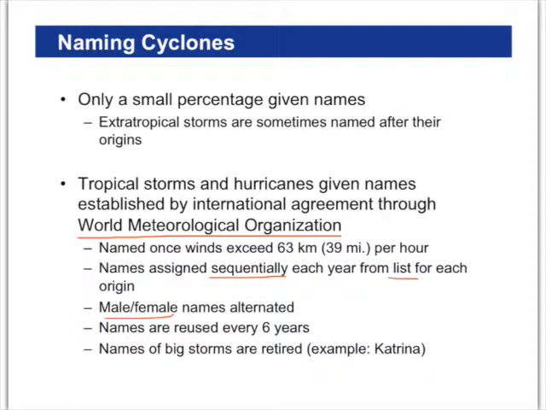And you would think after a while you run out of names, and that's certainly the case. And so every 6 years they do recycle names. But if there's a really powerful storm or a really historically significant one, they retire it. For example, you're never going to have a Hurricane Katrina again, or at least not named Katrina again. So that's how we name storms.